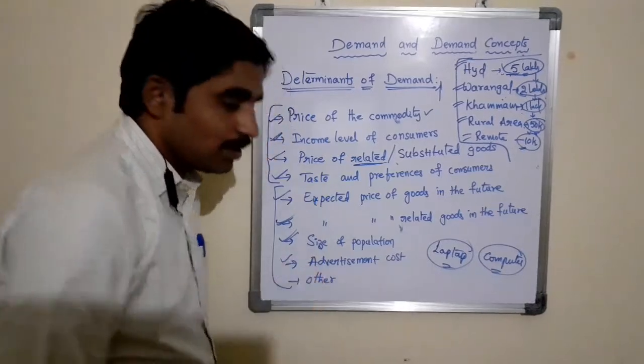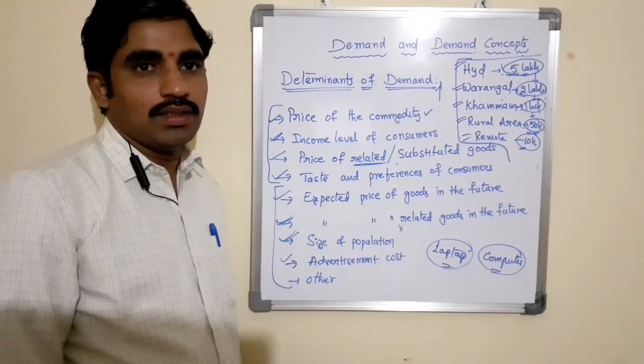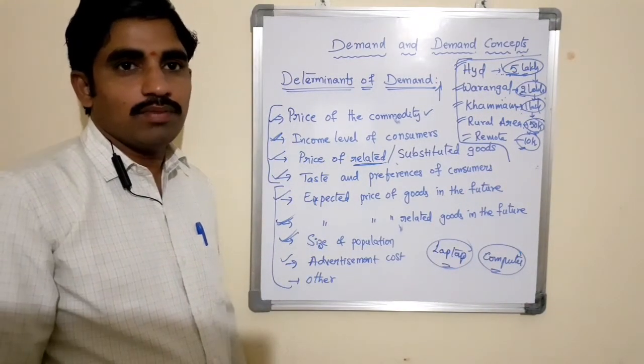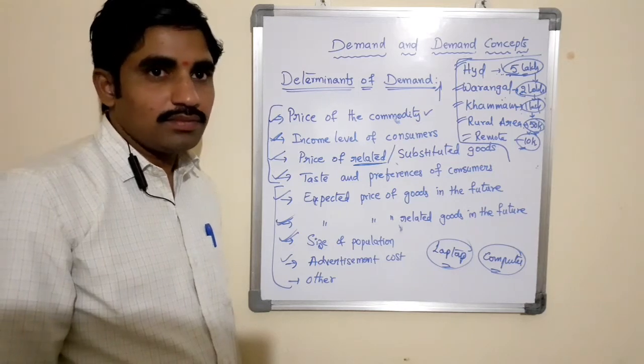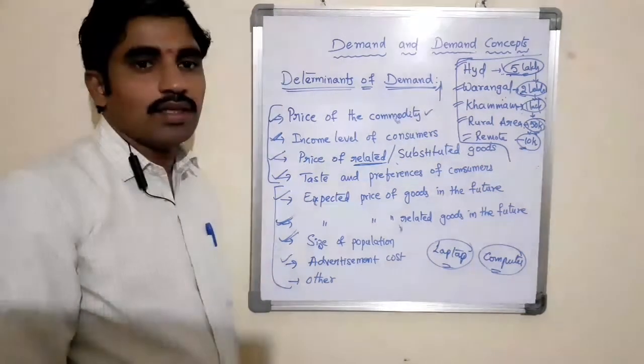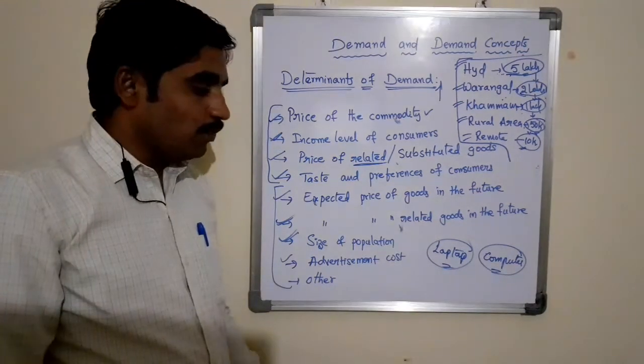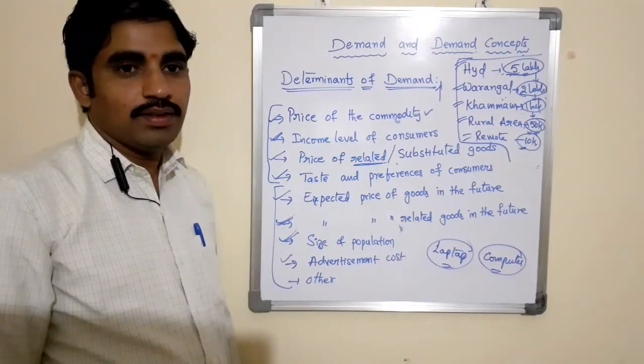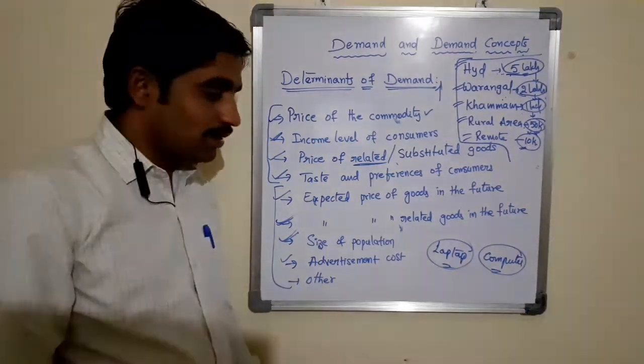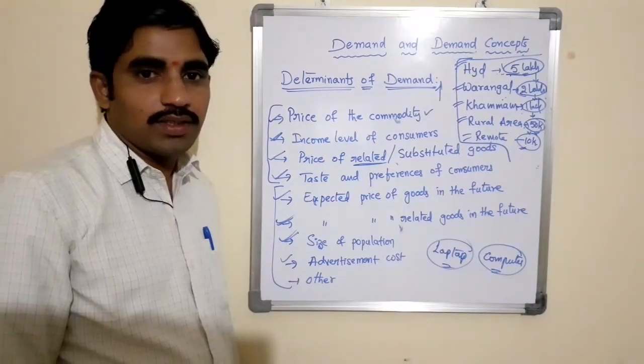Next, advertisement cost. Advertisement is also one of the important factors which influence the quantity demanded of a commodity. Here there is a positive relationship between the advertisement cost and the quantity demanded of a commodity.